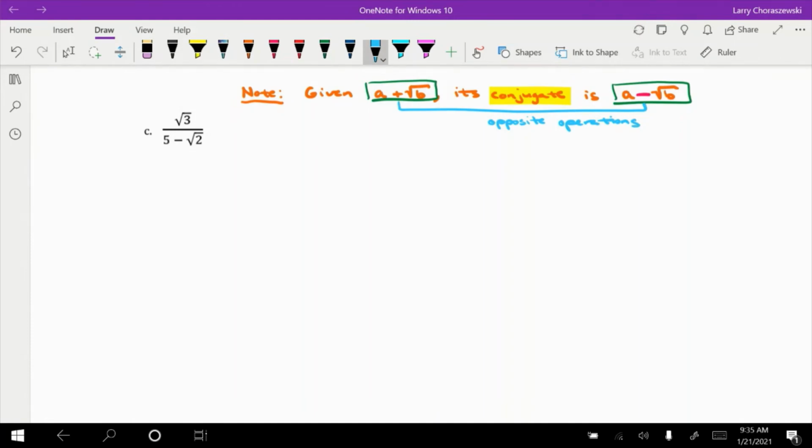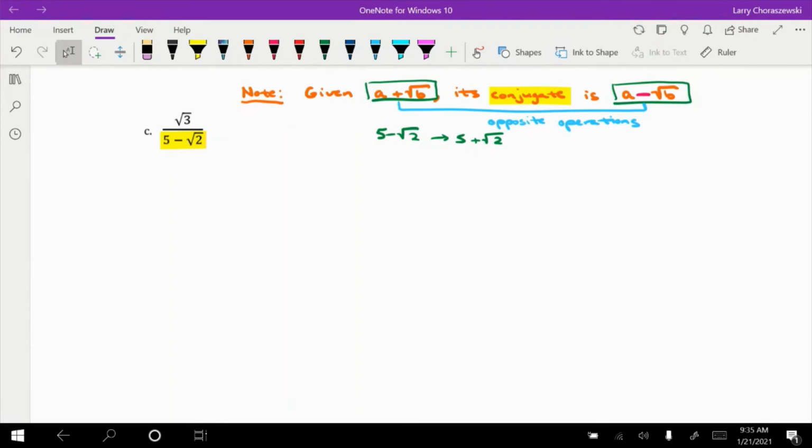So you form a conjugate of a radical such as this, or radical expression such as that, simply by changing the operation between the two terms. So if we have 5 minus radical 2, its conjugate would be 5 plus radical 2.